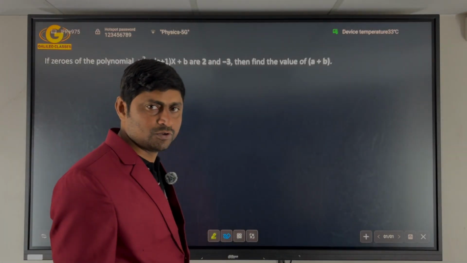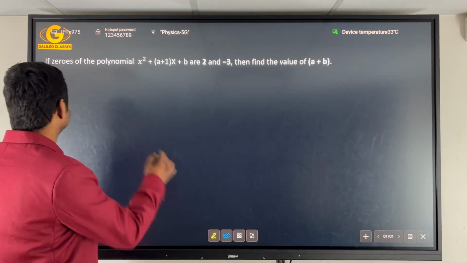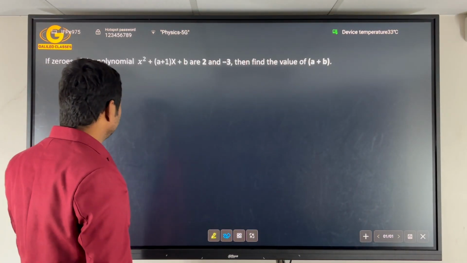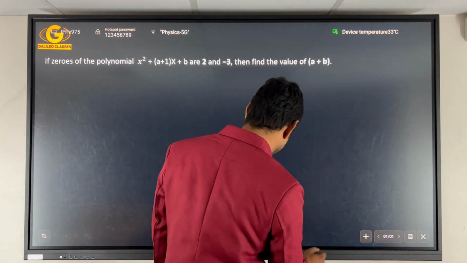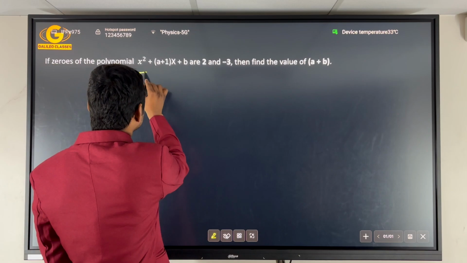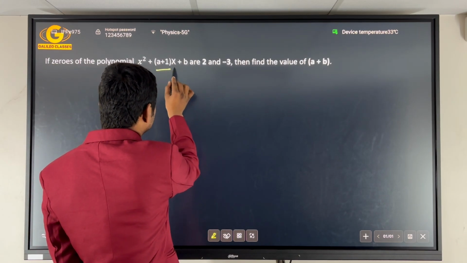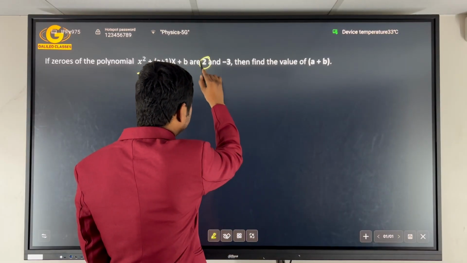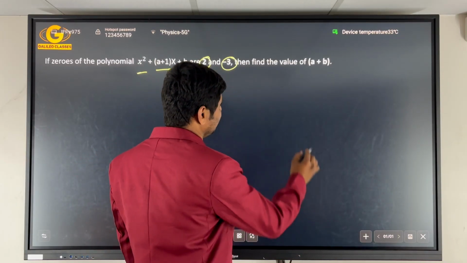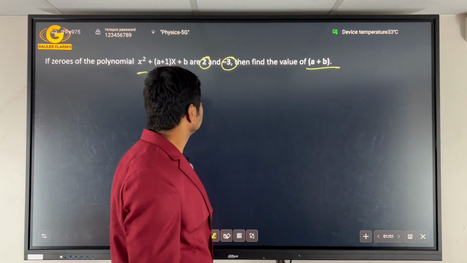The first question of the polynomial is: if the zeros of the polynomial x square plus (a plus 1) into x plus b are 2 and minus 3, then find the value of a plus b.